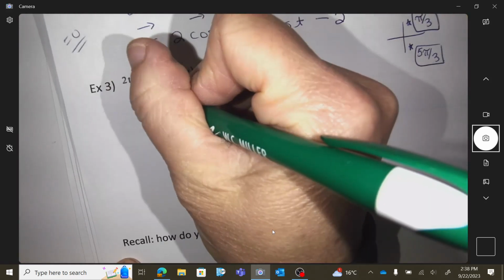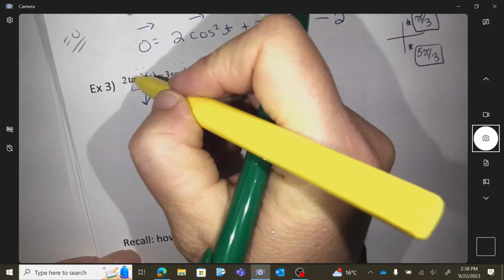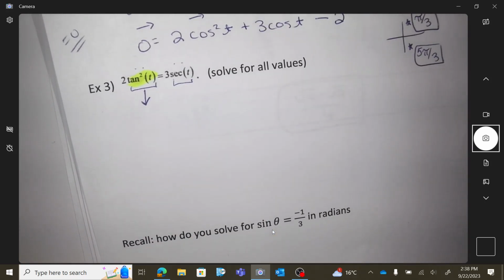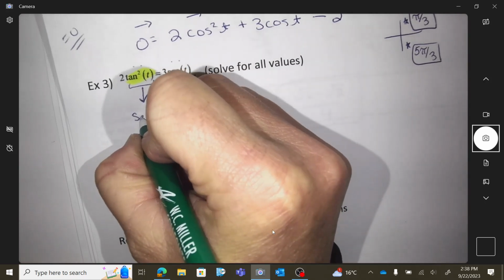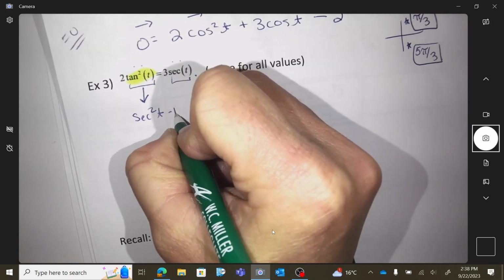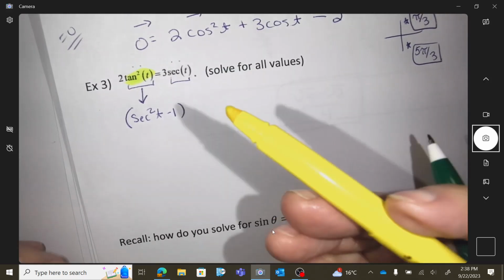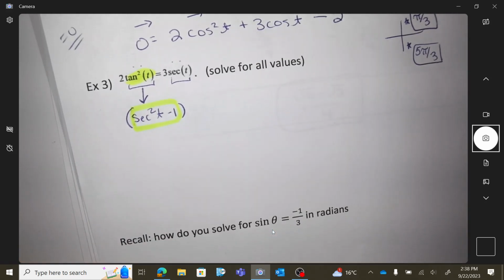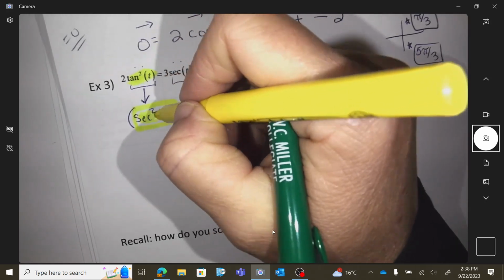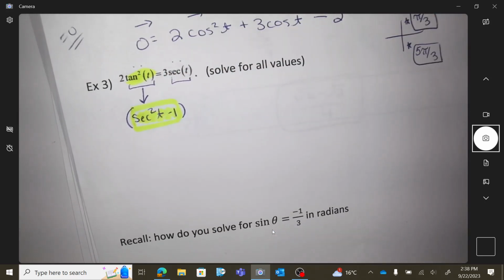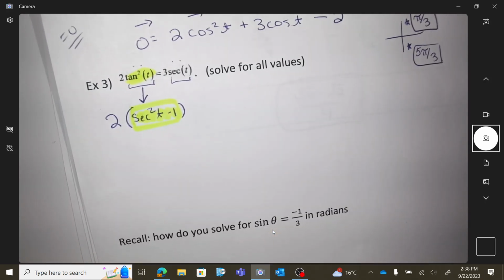So tan squared t can be replaced with, did you find it from your sheet up top? Okay, so there's your replacement. Now, don't forget there'd be a 2 in the front of it.